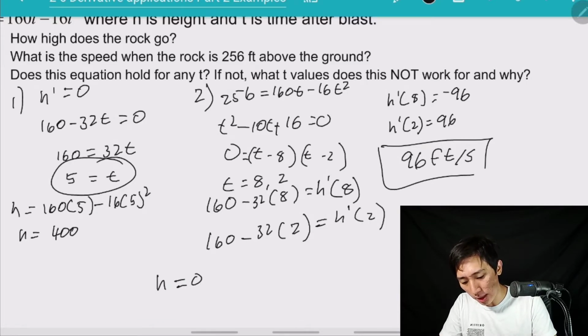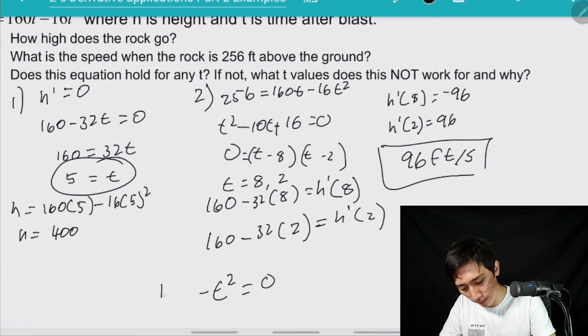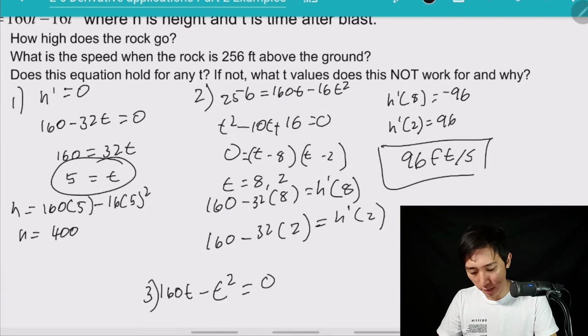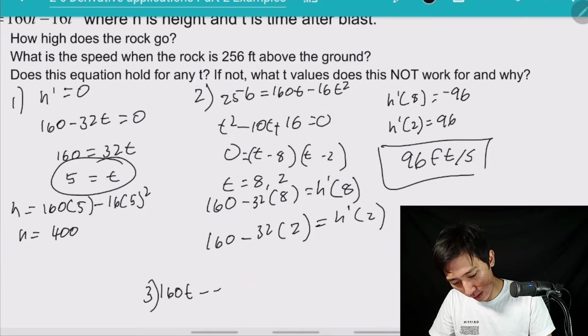So it's going to be 160t minus 16t squared equals 0.